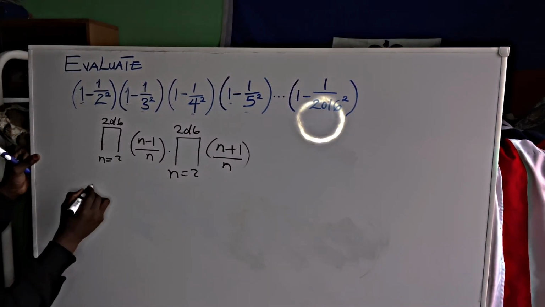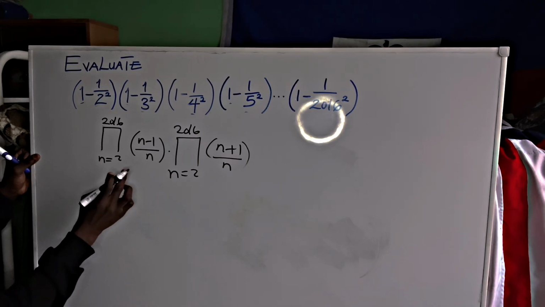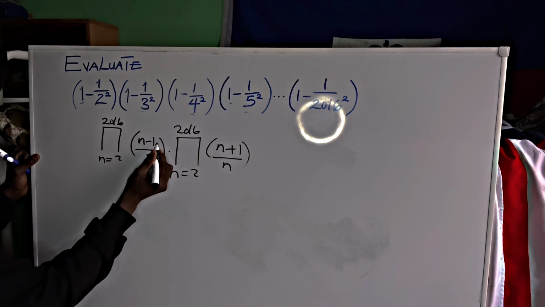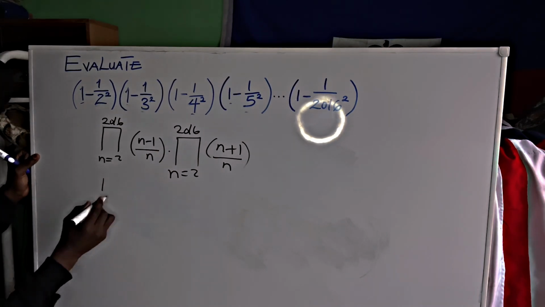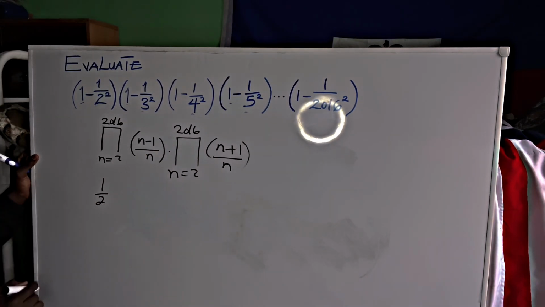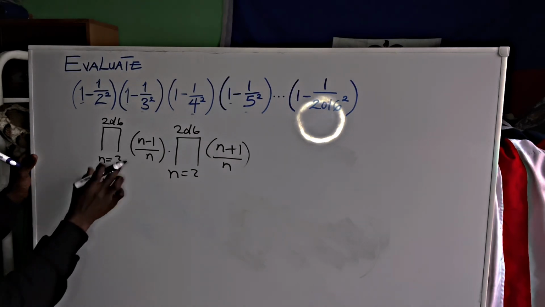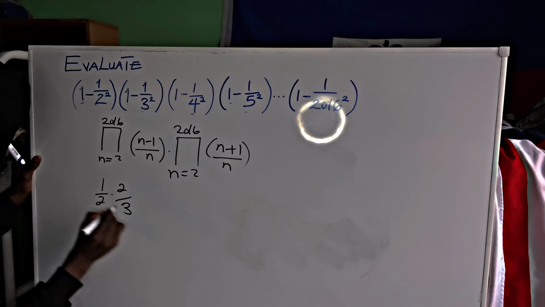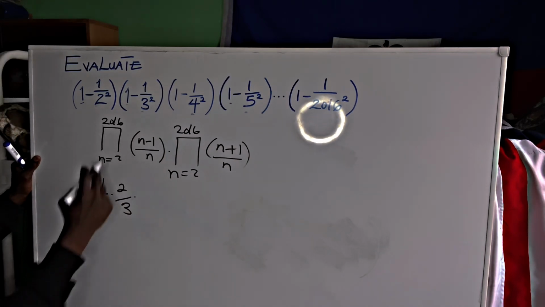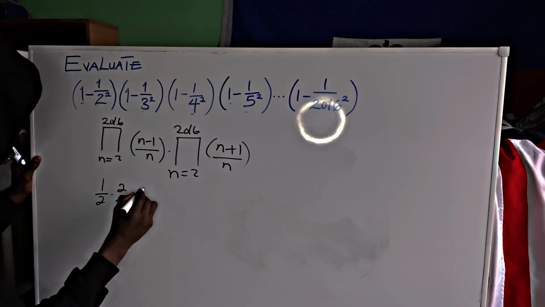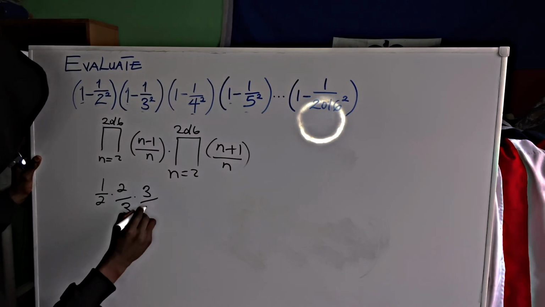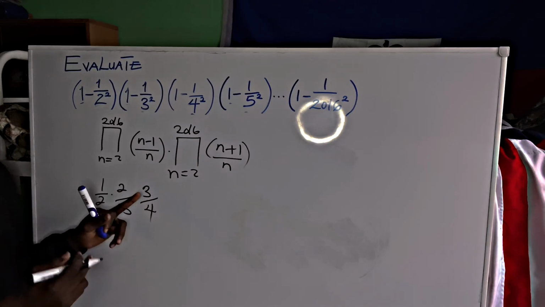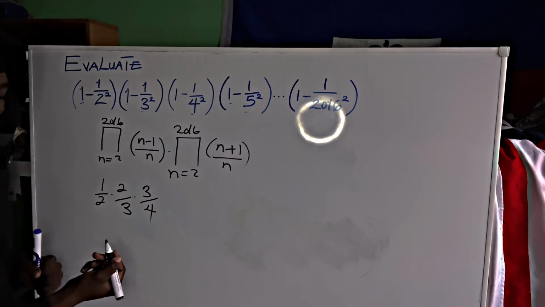If we take the first product and plug in n equal to 2, we'll have 2 − 1 is 1 all over 2. If we plug in n equal 3, it is 2 over 3. If we plug in 4, we'll have 3 over 4. So the number up here is always 1 less than the number in the denominator.